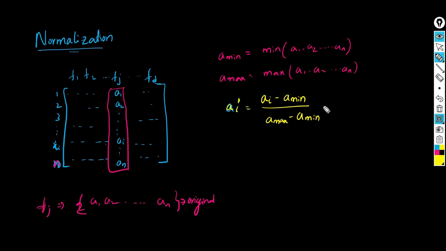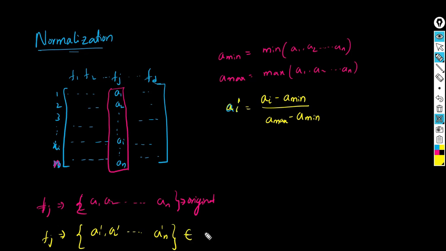By doing this we will get the values a1 bar, a2 bar, ..., an bar for the feature fj. These are the values obtained by normalization.